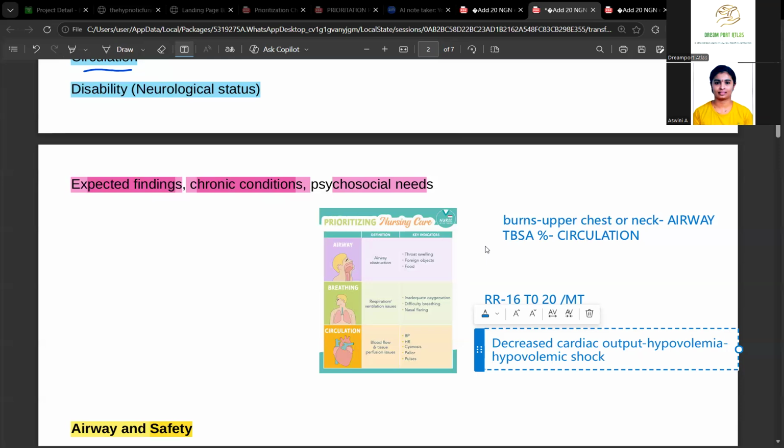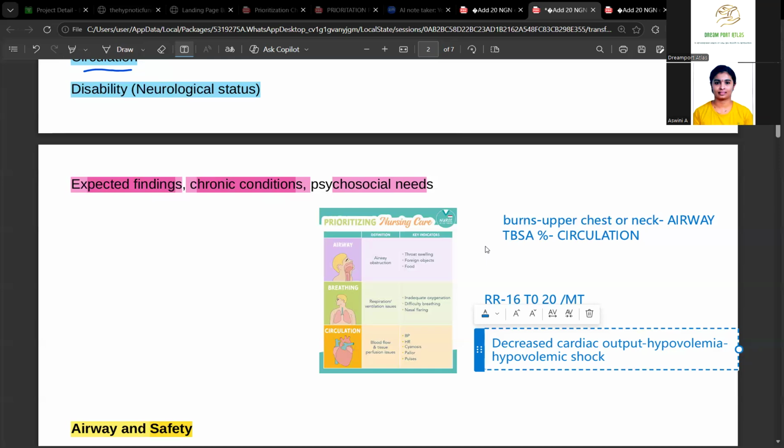Which would be your highest priority? Three options I am giving. First one is severe bleeding with hypertension and tachycardia symptoms. And the second option is the COPD patient with oxygen saturation 90 percent.